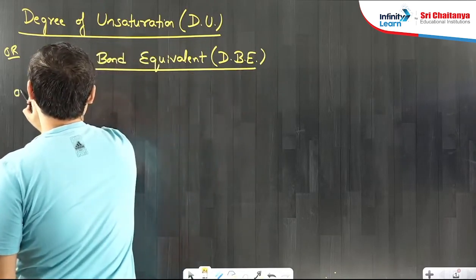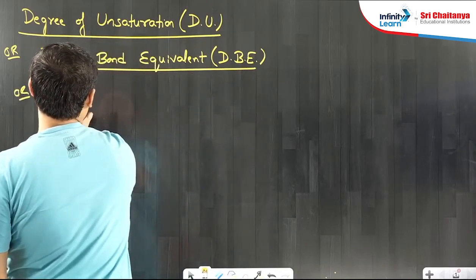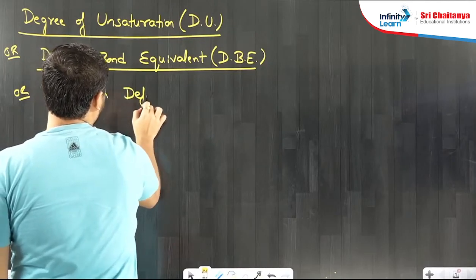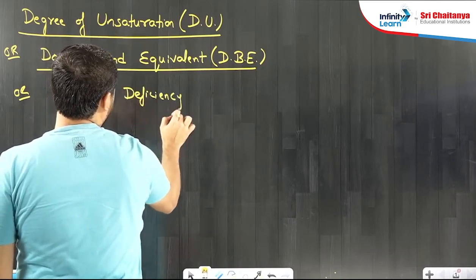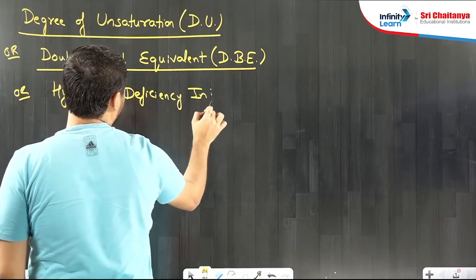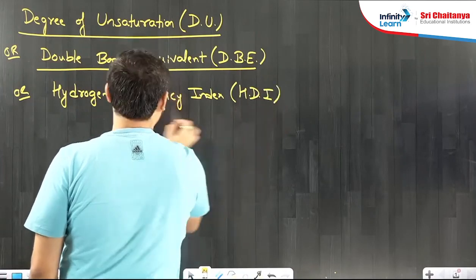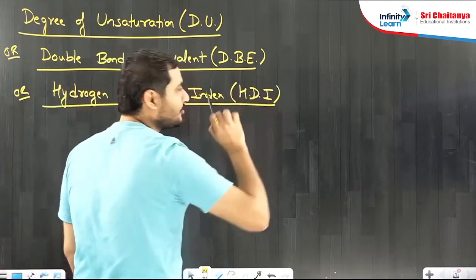And another name for this is hydrogen deficiency index, in short form HDI. So all these names you should know.